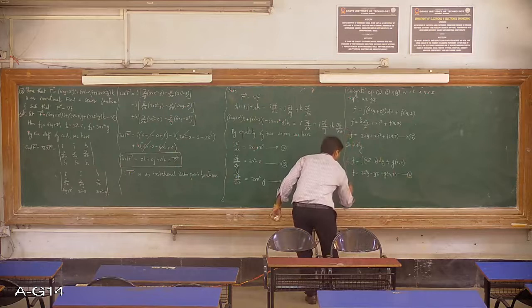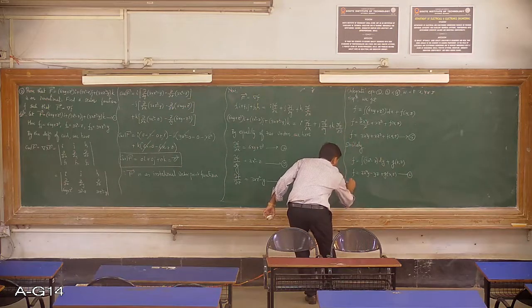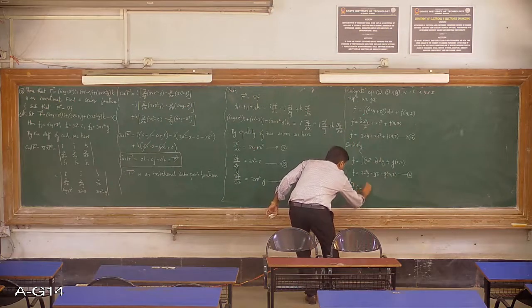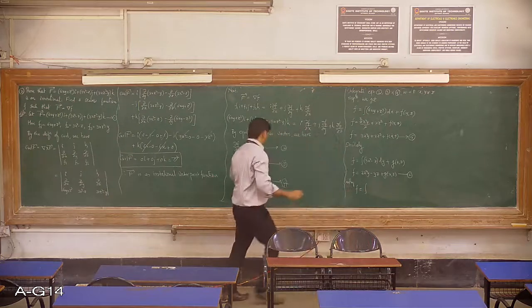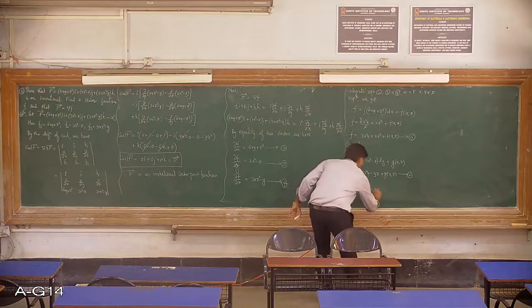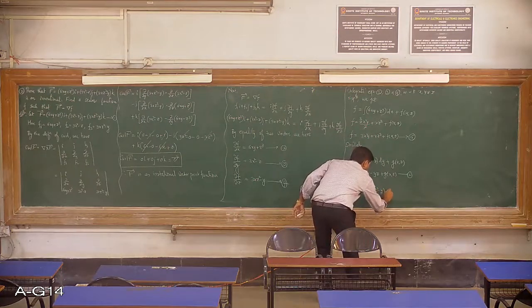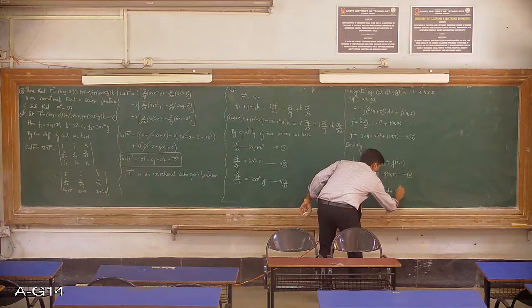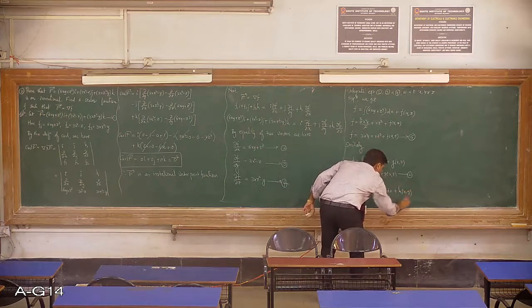Lastly, f is equal to the integration of this with respect to z. That means the integration of 3x z square minus y into dz plus some h of x comma y.